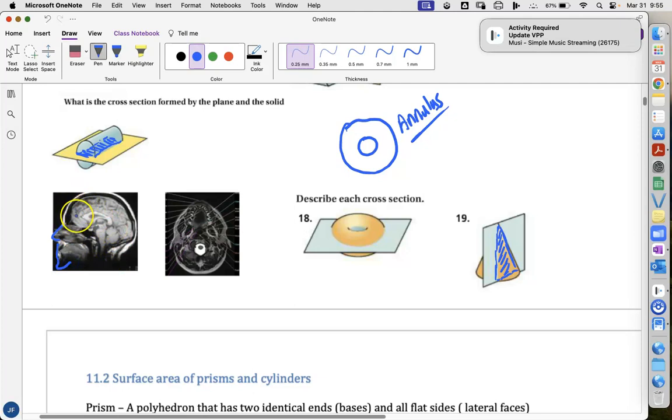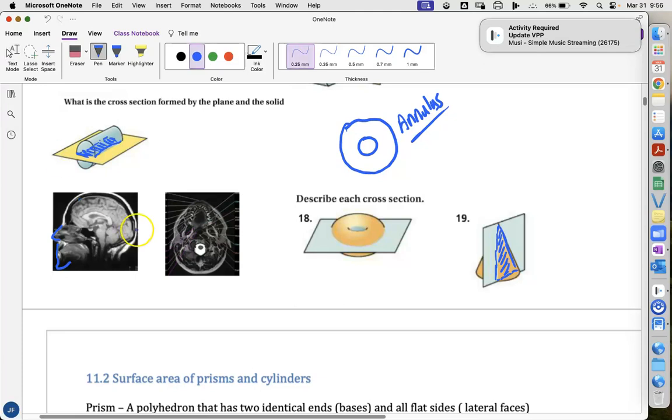What happens if you were to ever take a CAT scan is it creates a bunch of images that a doctor can flip through and see different sections of your brain or whatever part of the body they're interested in scanning, and they can start to see where issues may be.